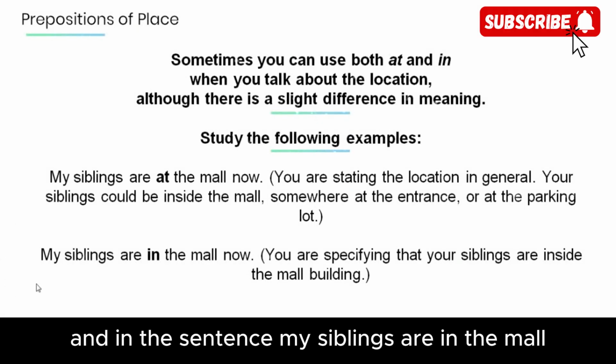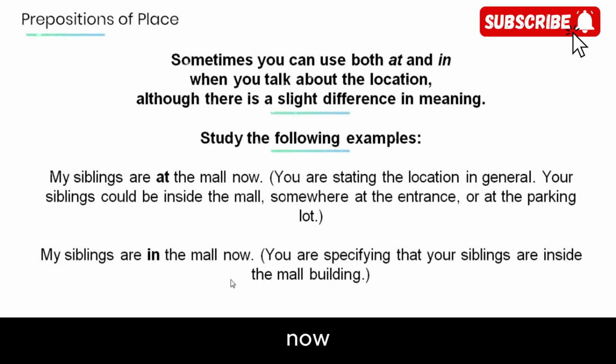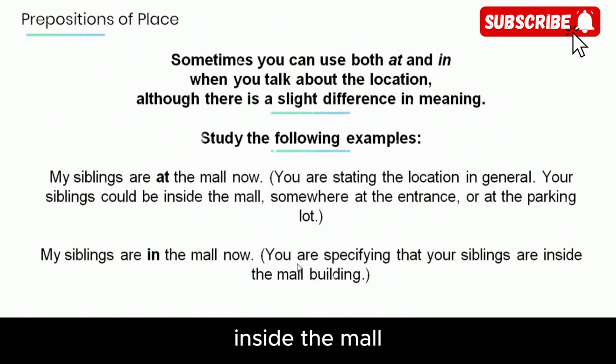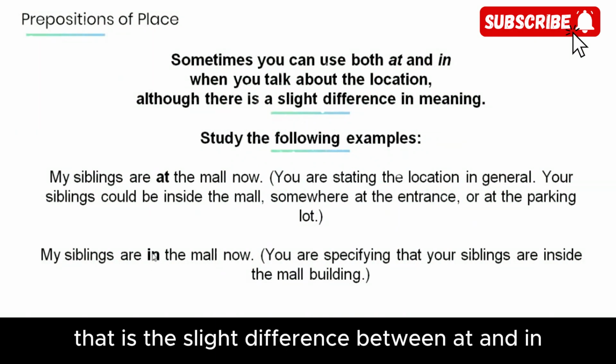And in this sentence, my siblings are in the mall now. It means that you are specifying that your siblings are inside the mall. That is the slight difference between at and in.